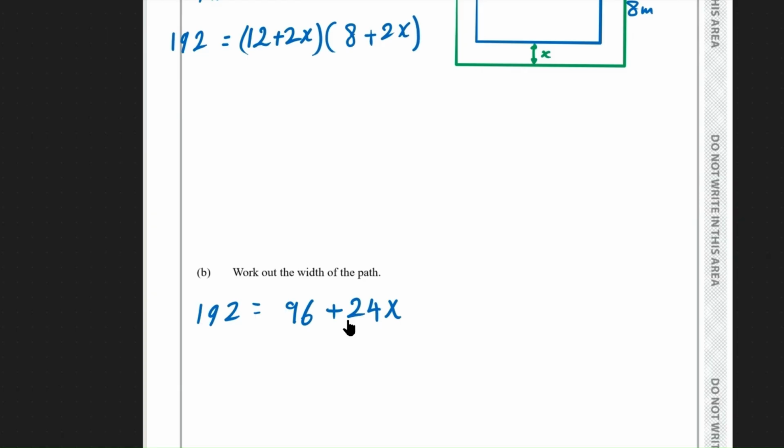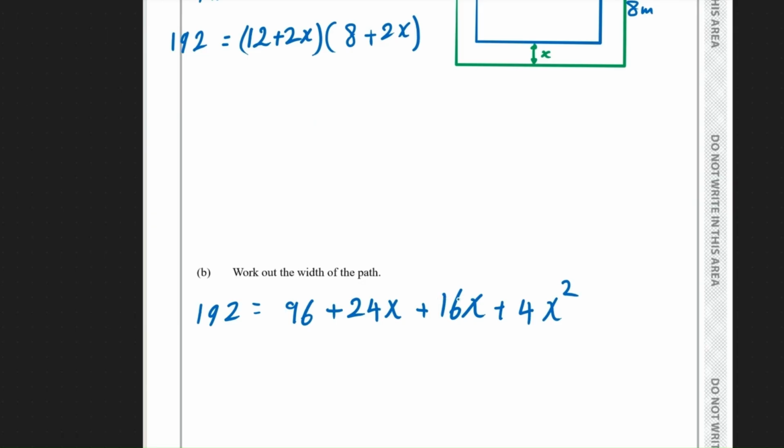And then after we finished with 12, look at the second term in the first bracket, 2x. Then 2x multiplied by 8, and then 2x multiplied by 2x. So 2x times 8 is 16x, and 2x times 2x is 4x squared. A lot of big numbers here. So we have to deal with this.